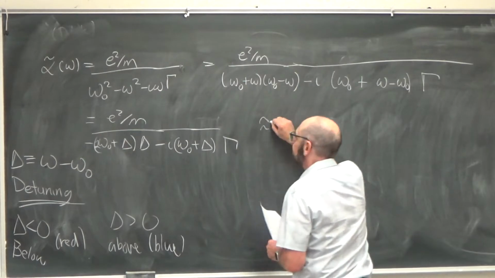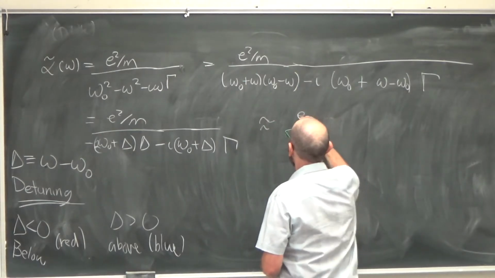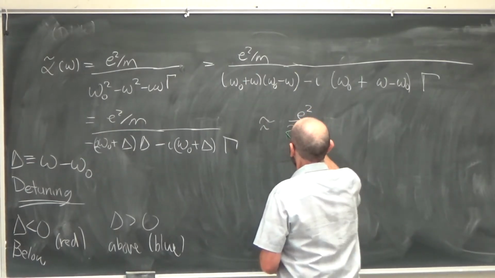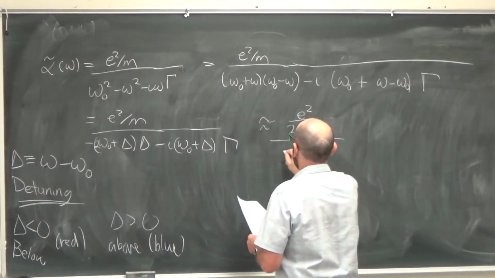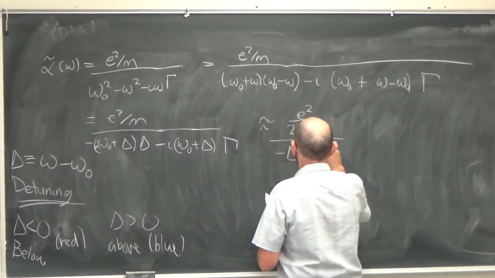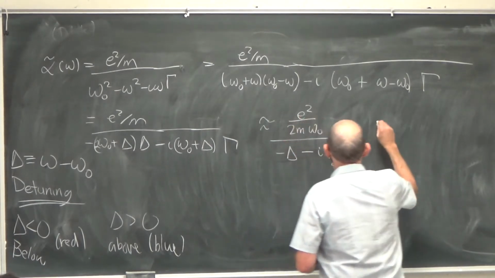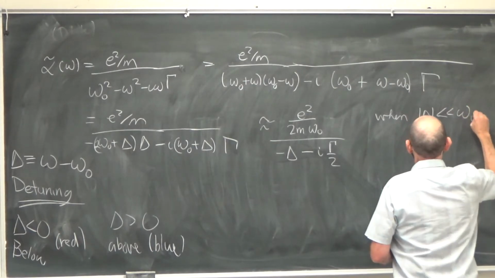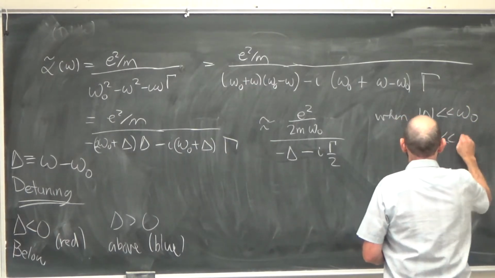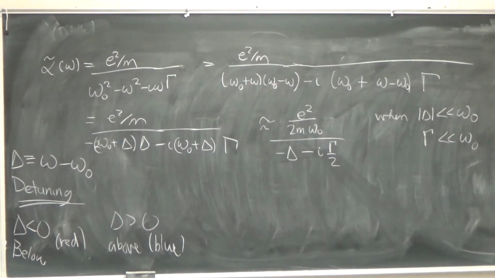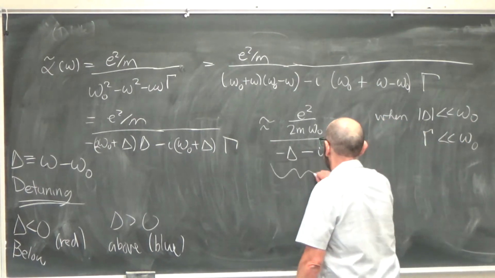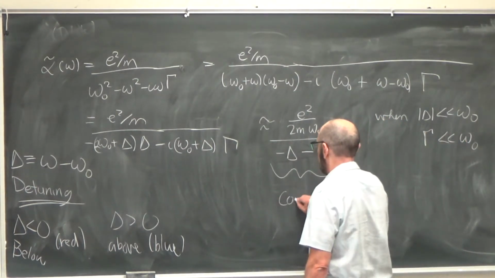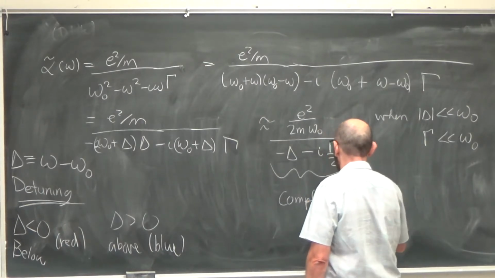It didn't look right. So this is approximately equal to e squared over 2m omega naught minus delta minus i gamma over 2, when my detuning is small compared to the resonance frequency, and so is the damping rate. This function is known as a complex Lorentzian.